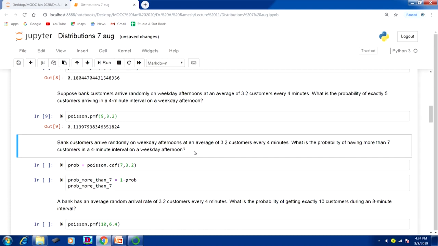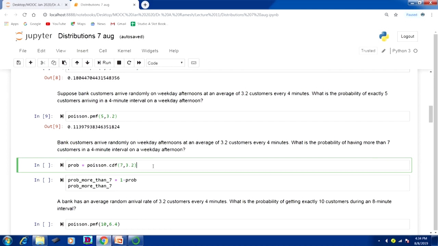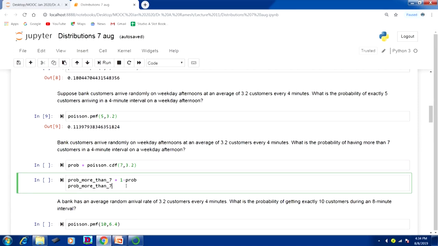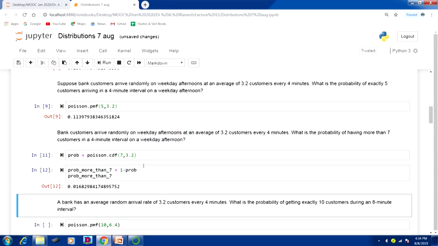What we will do is first find up to 7 and save it in an object: prob equal to poisson.cdf(7, 3.2). When you subtract this from 1, you will get the probability of more than 7.